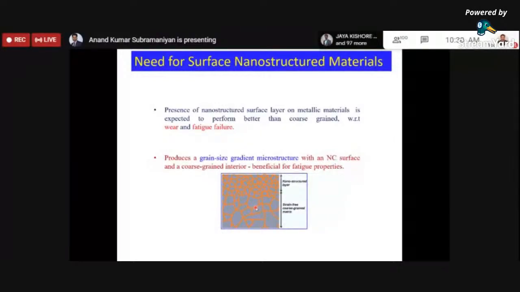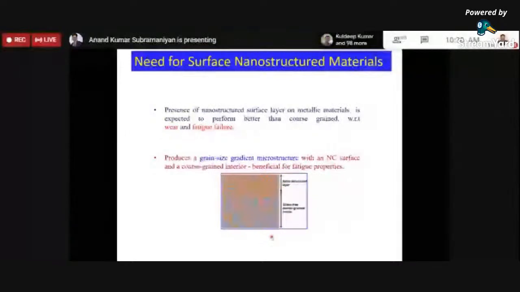The crack starts to deflect, and it takes a longer path, thereby the crack propagation resistance will be more. So in totality, what we can say is that when we have this kind of grain size gradient microstructure, both the crack initiation life as well as the crack propagation life are improved.